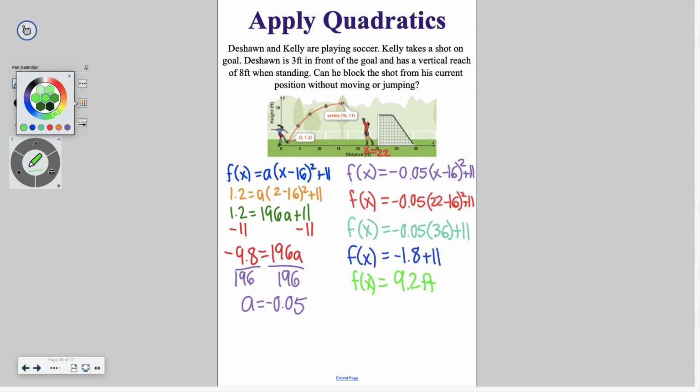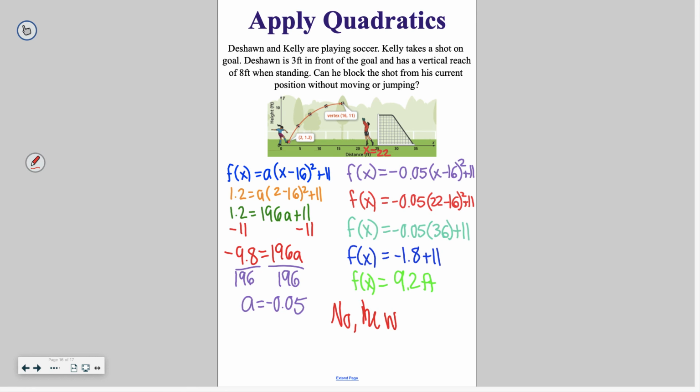Since Deshaun's reach is only 8 feet into the air, our answer for this one would be no. He won't block the shot because it is too high.